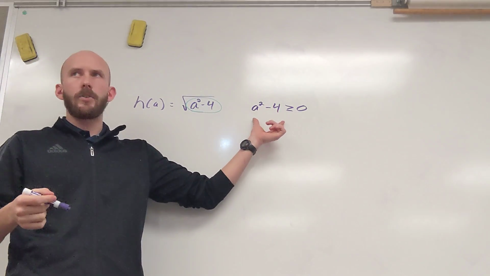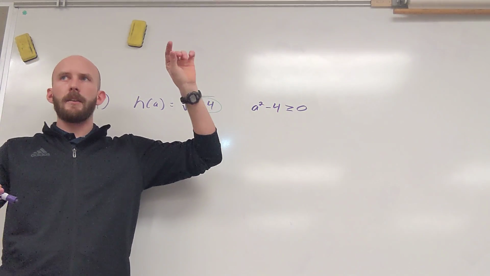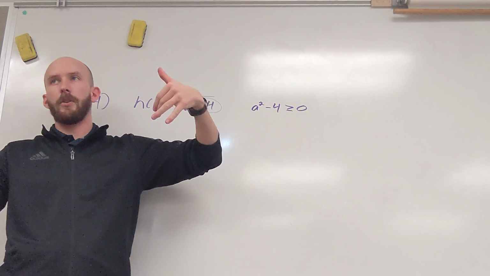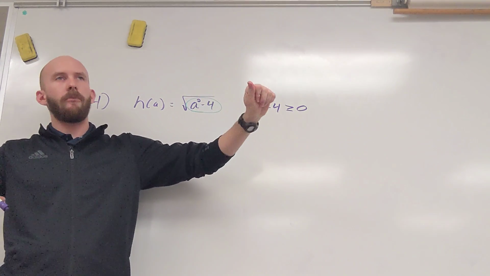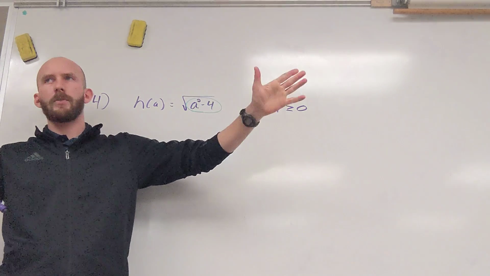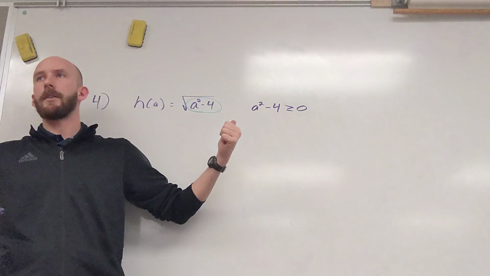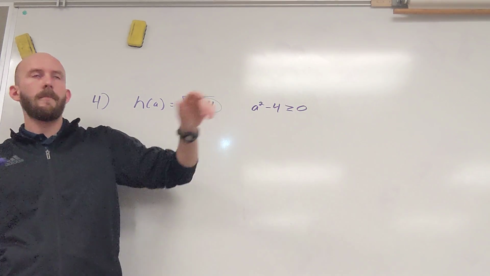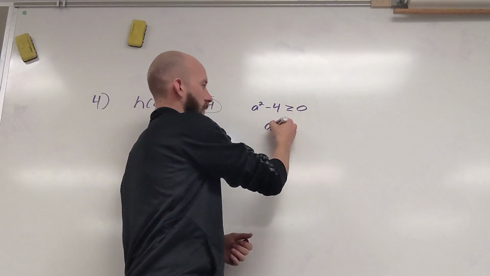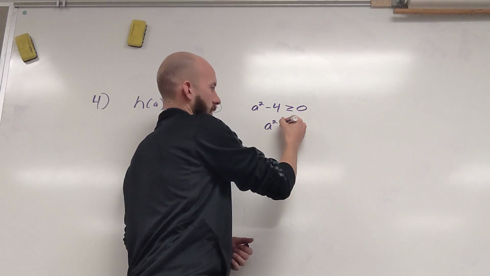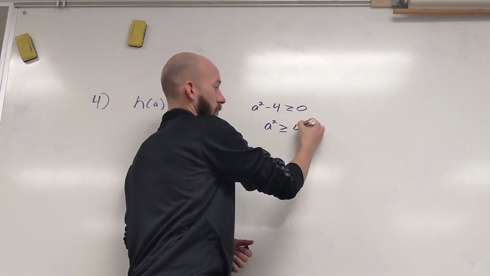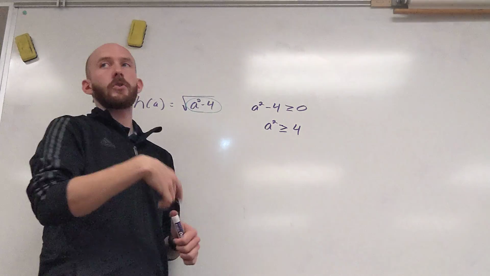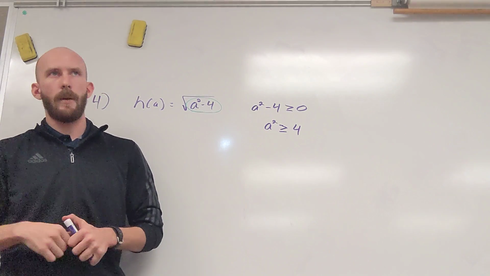Now this is a quadratic, but since there's only the squared term, I don't have to factor, I don't have to use quadratic formula. I can isolate the variable just by adding 4, right? So if I add 4, a squared is greater than or equal to 4, and then I can just square root to solve, okay?